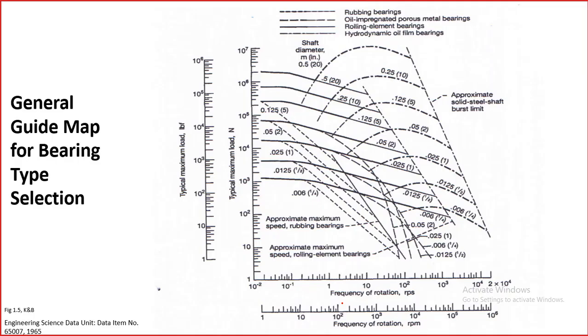So this is a chart which can be used to decide which bearing we should use, whether we should go for a rolling element bearing or a fluid film bearing. So here you see the x-axis. On the x-axis you have the frequency of rotation, or the rotation in RPM or RPS.